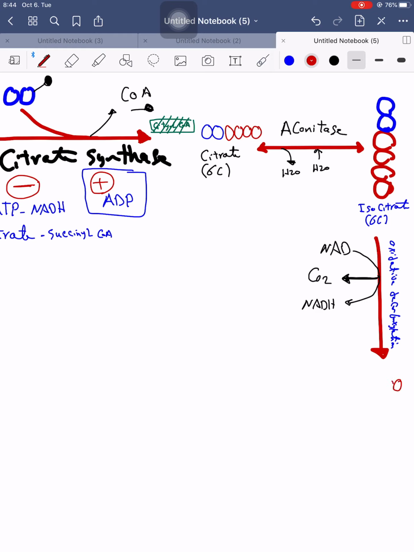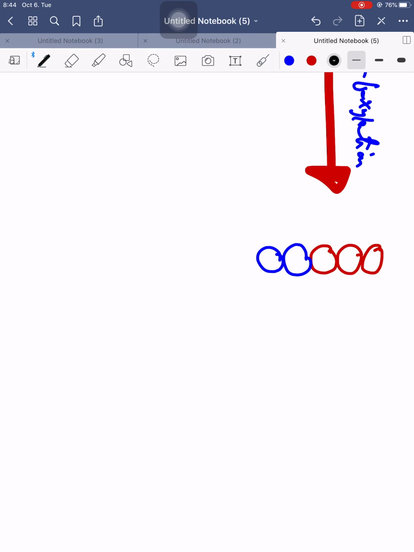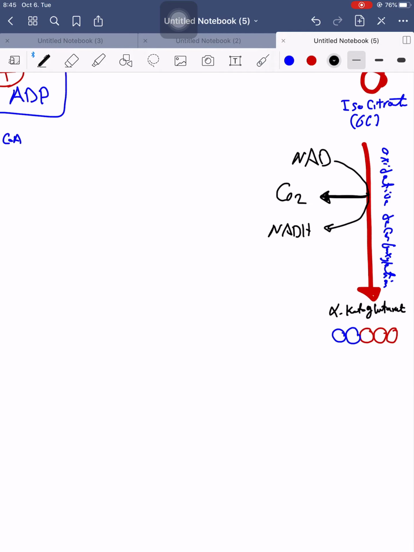So I will have 1, 2, 3, 4, 5. This is called alpha ketoglutarate. Okay, so now we have the 5 carbon molecule alpha ketoglutarate. Don't forget.